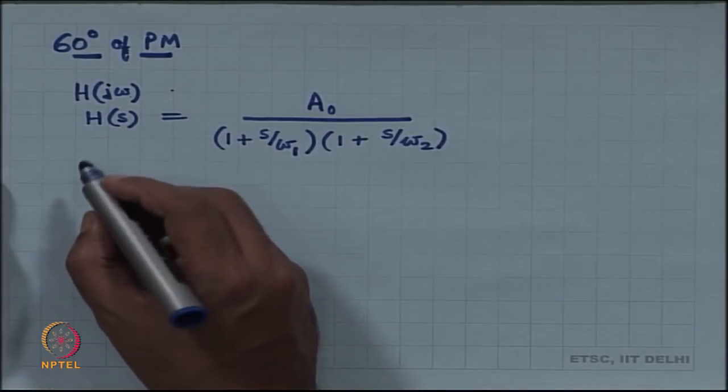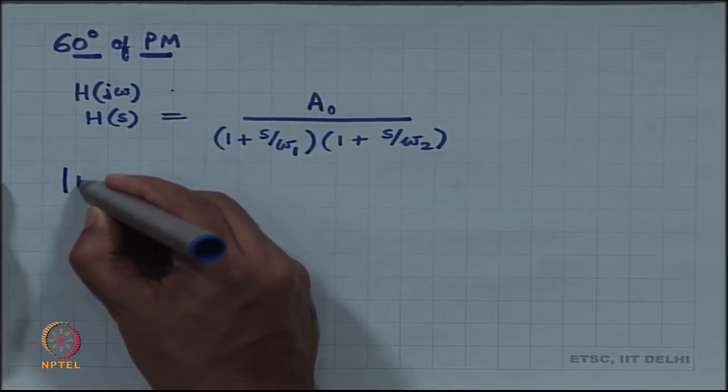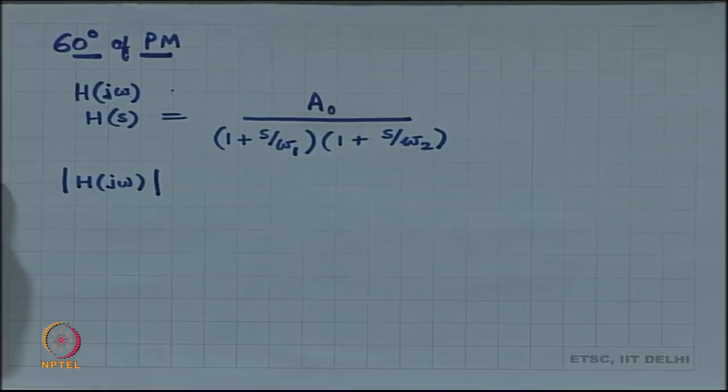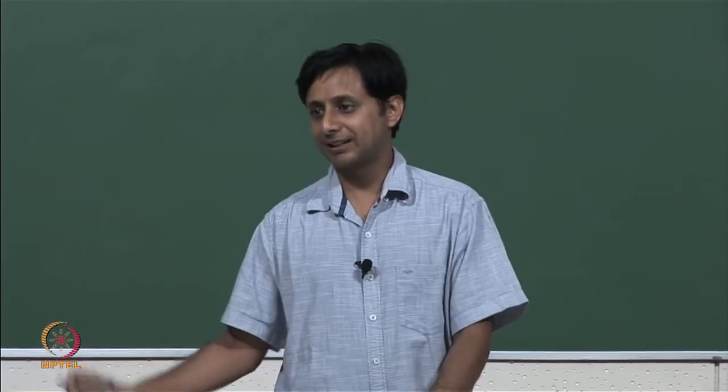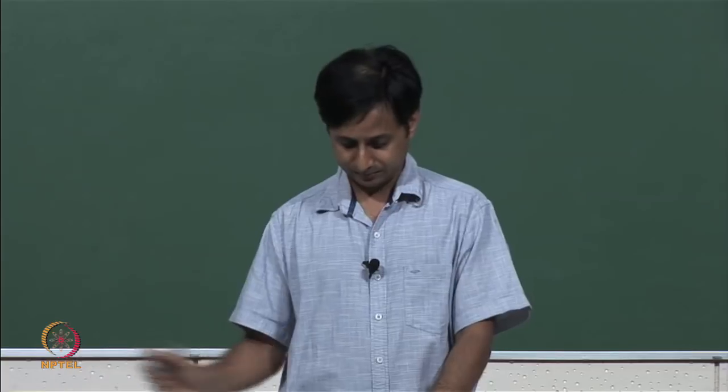So, what do we have to do over here? We have to find the magnitude of H of j omega. Then we have to find the omega at which the magnitude of H of j omega reaches 1, that is 0 dB.